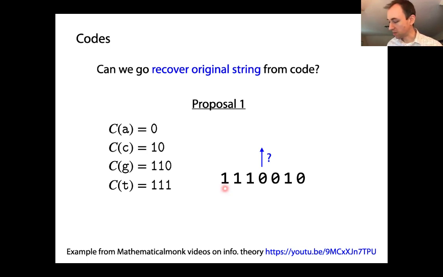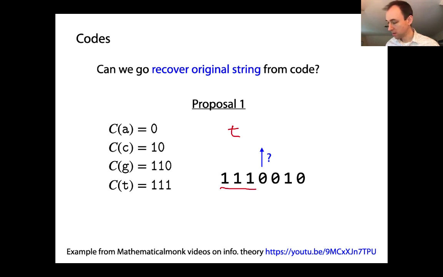I know if I see 111 here at the beginning, there's no zeros here, so we know there's no A, C, or G. It has to be T. So I can start to decode by writing a T up here. And those 3 bits became a T.